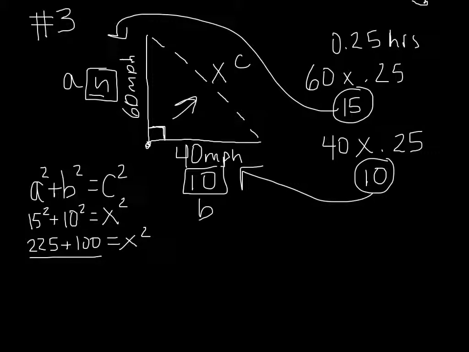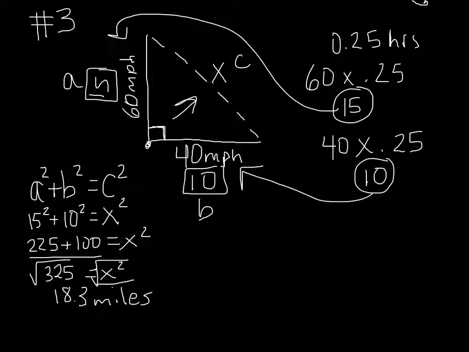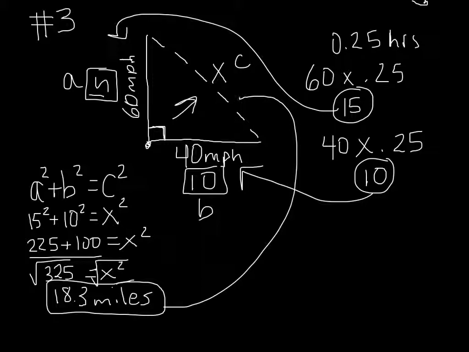So 225 plus 100 is 325, equals x squared. Not done yet because we have to get rid of the squared, so we square root each side. And the square root of 325 is going to be 18.3 miles. We always want to include that in there. So there's your answer. That means that this side over here, our hypotenuse, is 18.3 miles.